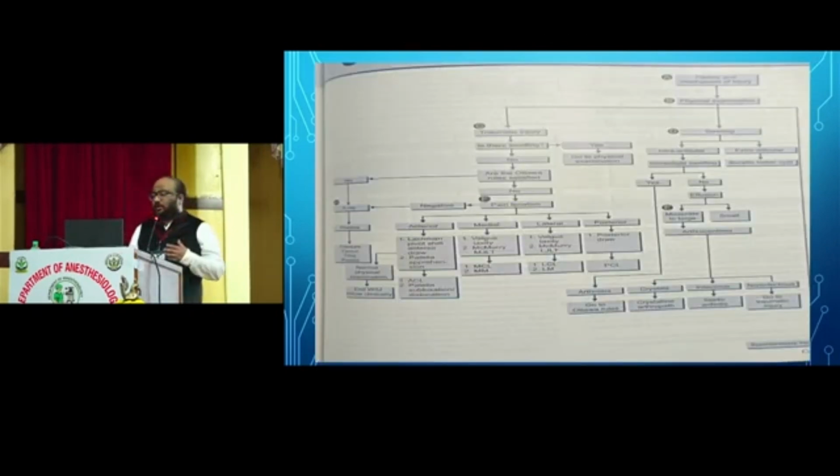Now, I will try to accumulate all of this in an algorithm. So again, starting with history and mechanism of injury, physical examination, whether there is a swelling or a traumatic injury. If there is a swelling, come back here. So swelling, whether it is intra-articular or extra-articular. If extra-articular, it could be bursitis or Baker's cyst.